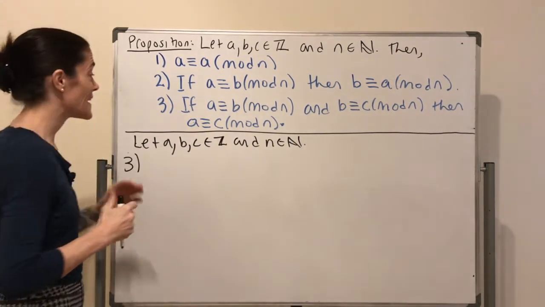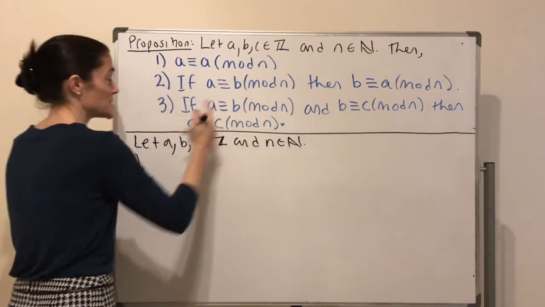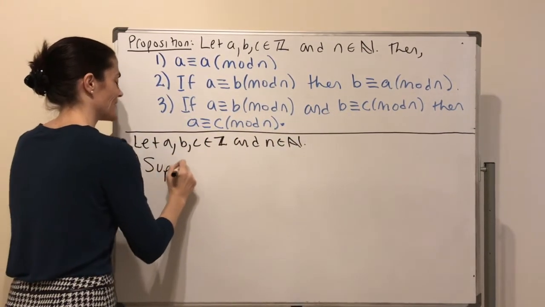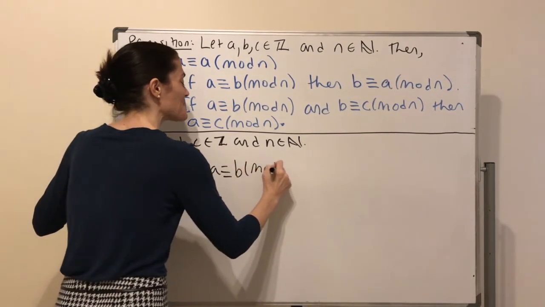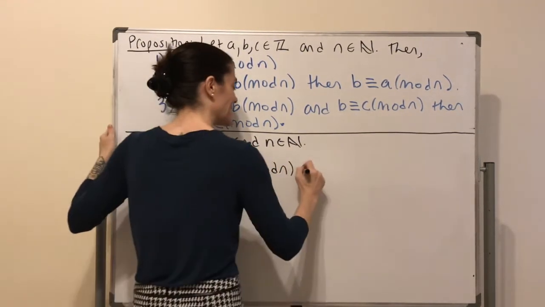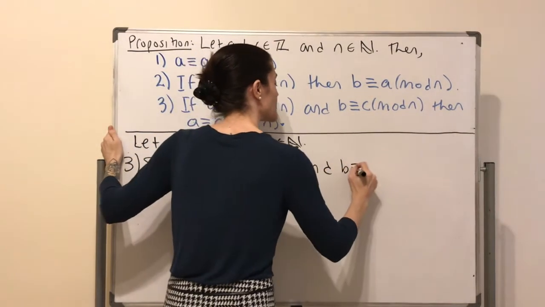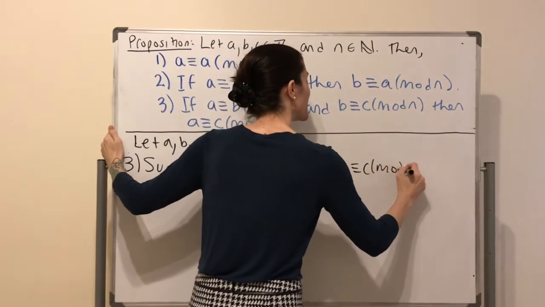For number 3, well, we have 2 things to assume here. We suppose a is congruent to b mod n, and b is congruent to c mod n.